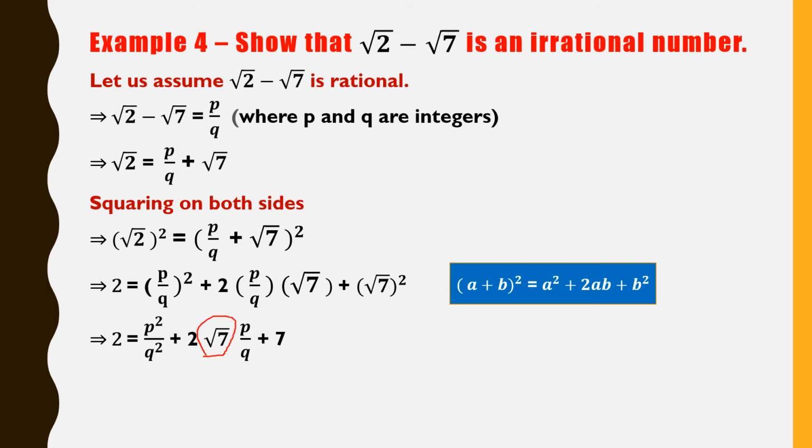Now whatever term is having root, this should be separated, because we want to write in the form of root 7 equal to, or root 2 equal to, right? To make this, whatever is in root form should be on the left side of the equal to sign. So here this is having root, so I'll put this one here and write the complete thing on one side. So don't make a mistake here.